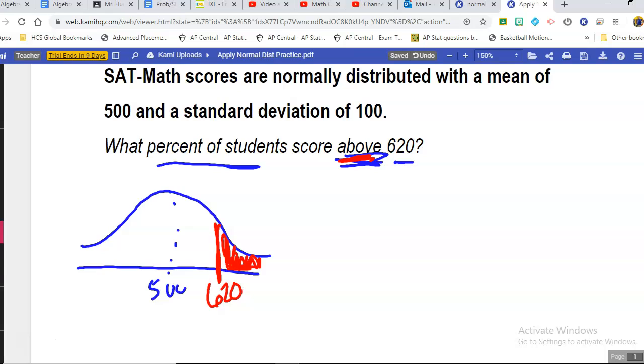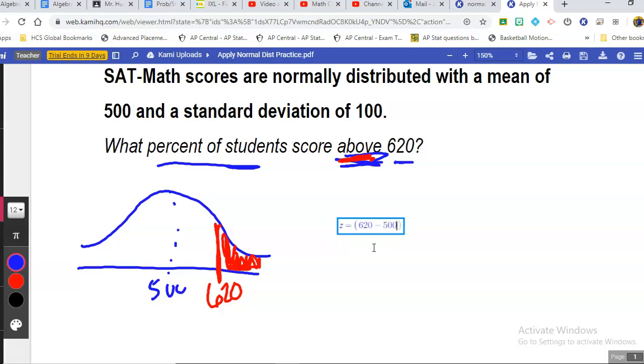So we will work out a z-score for this problem. So we're going to say that Z would be equal to, we have 620, which is our score, minus the mean of 500.